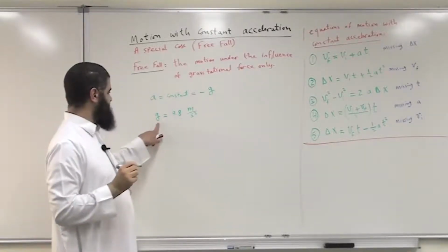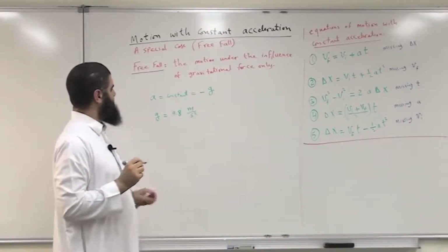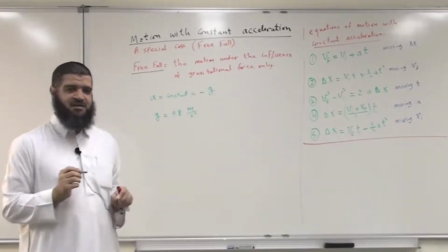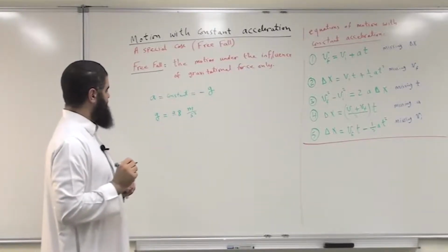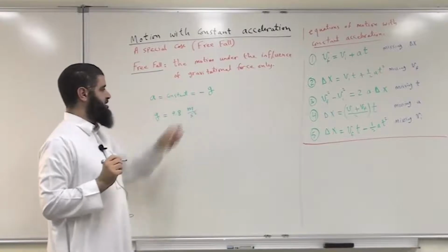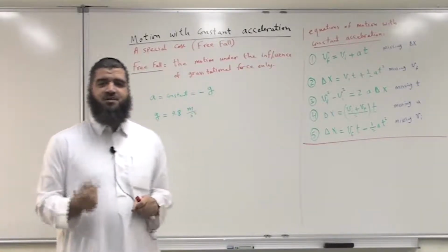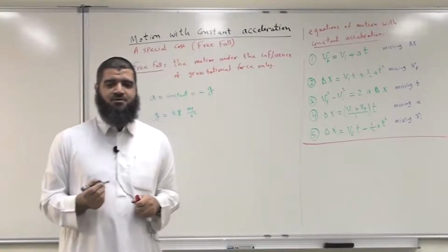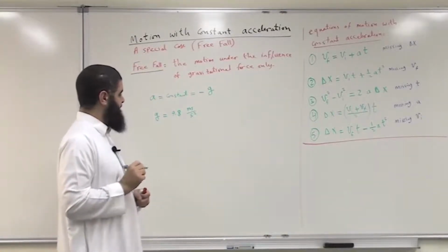So notice that g is positive, but the acceleration is minus g. So the acceleration due to gravity is minus 9.8. What do we mean by acceleration is minus g? It means that in every second the velocity will change by an amount of 9.8 meter per second.